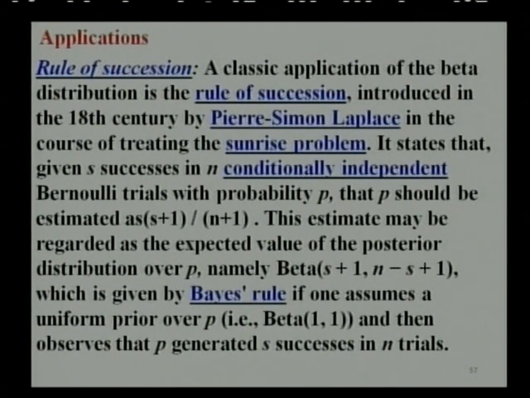It states that given s successes in n conditionally independent Bernoulli trials with probability p, p should be estimated as s plus 1 upon n plus 2, and this estimate may be regarded as the expected value of the posterior distribution of p, namely beta(s plus 1, n minus s plus 1), which is given by Bayes' rule if one assumes a uniform prior over p, that is beta(1,1), and then observes that p generates s successes in n trials.